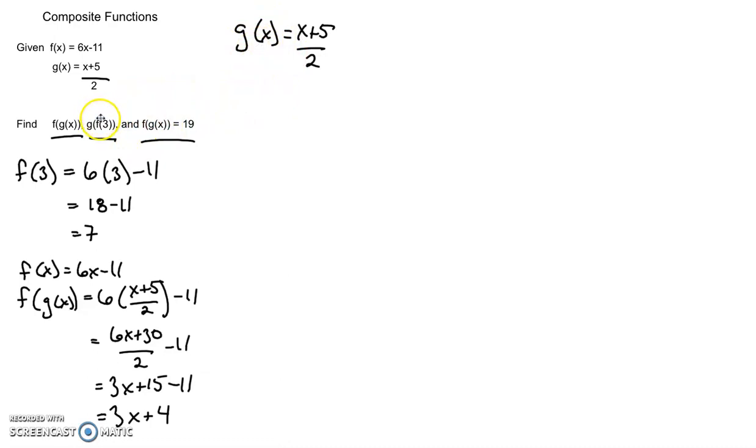And the f is what we come to next. So now, instead of writing x in our g function, we'll write f of x. So g of f of x equals, instead of x, we'll write our f of x function, which is 6x minus 11, plus 5, over 2.